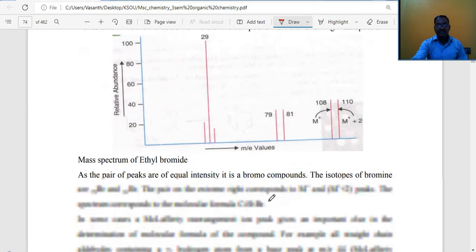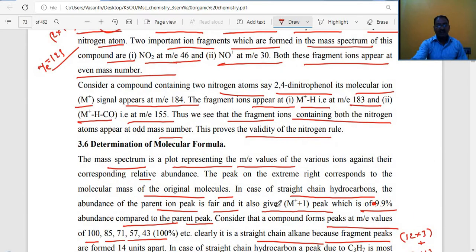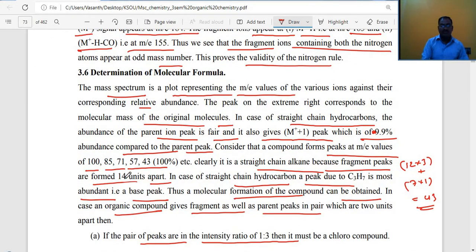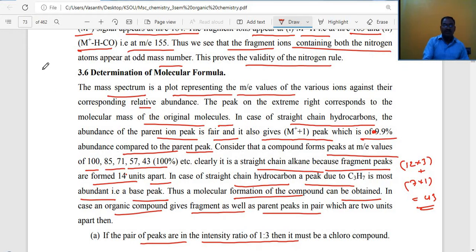Just we consider the determination of this molecule. Here C14H, CnH2n+2. Here 2n means 28, plus 2, 30.